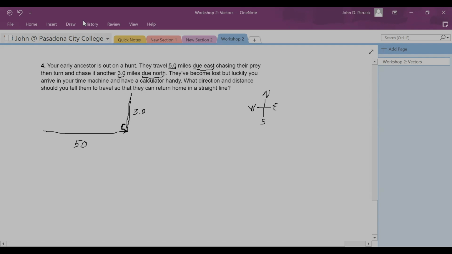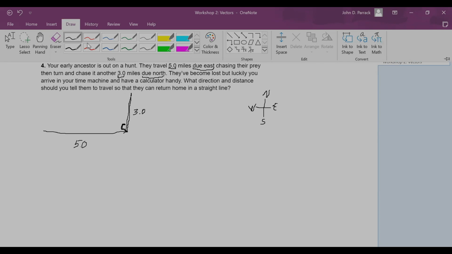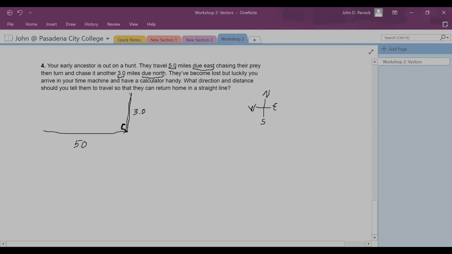And then we want to pick a straight line that's going to get them back home. So it strikes us that the perfect straight line to do that is the one that completes this triangle, right? That's the most efficient straight line path that we could take to get them home. And the question is, what direction do we tell them to head? And how far do we tell them to go, right? So we need to give them the vector. We need to give them the direction of how they can get there.